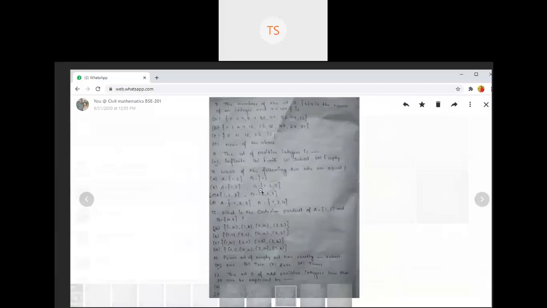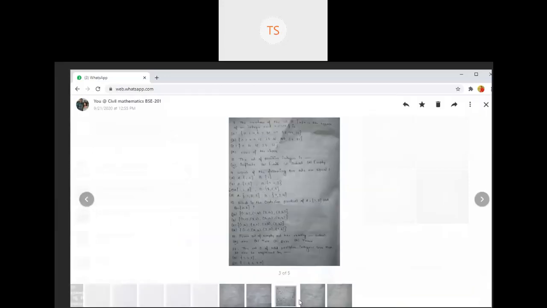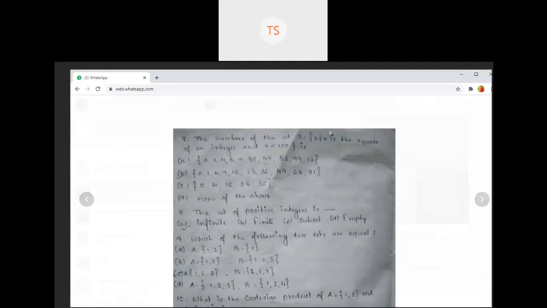Now for the next one. Question number 7. The members of the set S, where x is the square of an integer and x is less than 100.